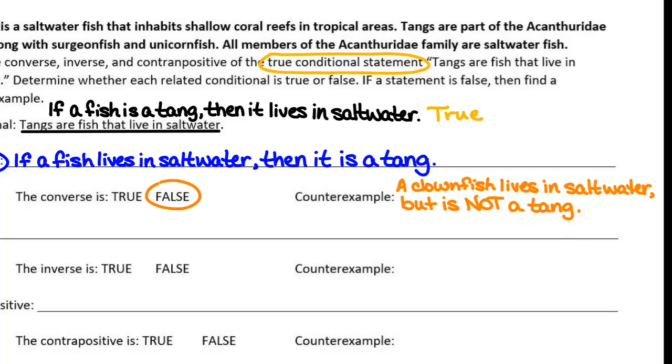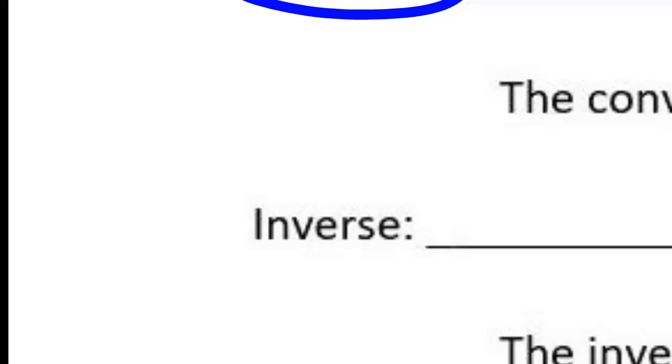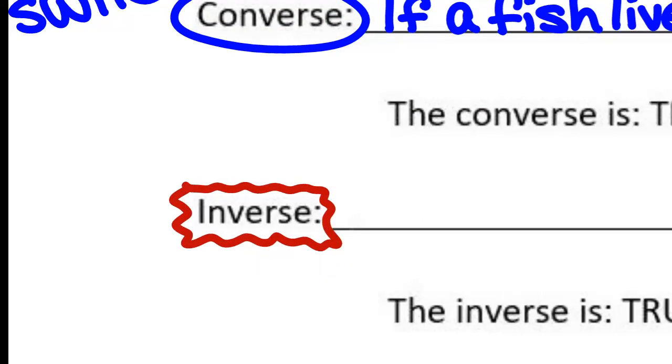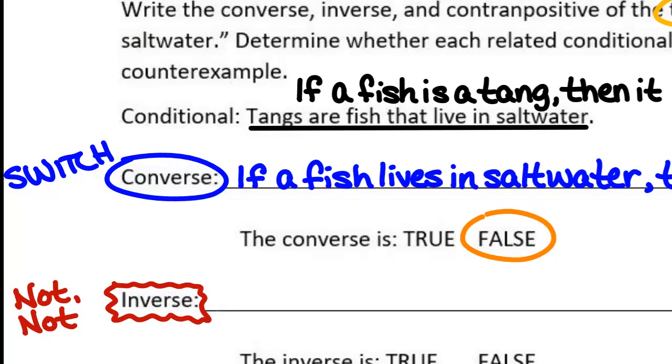All right, now we're going to write the inverse. Converse was switch. What do we do for inverse? Yep, we do not. We're going to leave it in the same order, but we do not with our hypothesis and not with our conclusion. So I'm going to take the original statement.